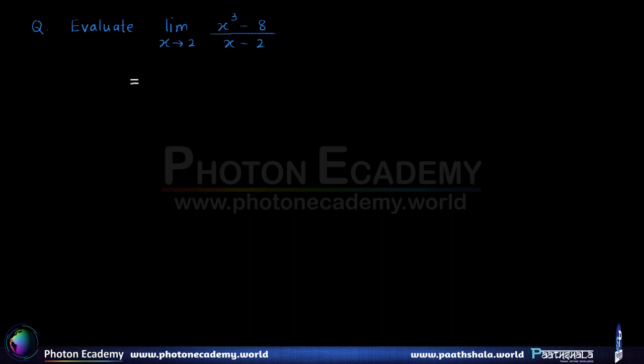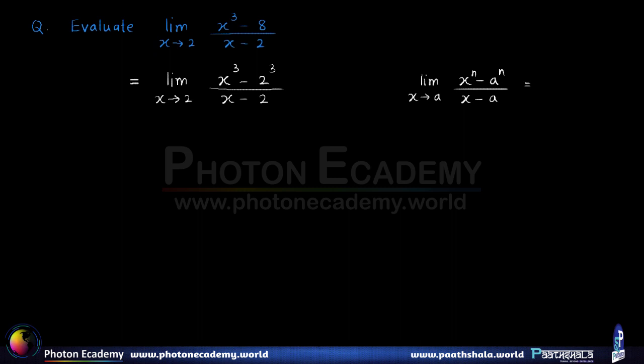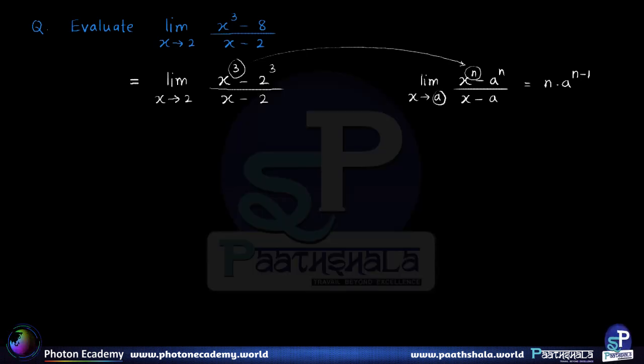Now if we observe carefully, we can write the numerator as x cube minus 2 cube upon x minus 2 as x tends to 2, and we have just seen the standard result that limit of x raised to n minus a raised to n upon x minus a as x tends to a is given by n into a raised to n minus 1. So if you compare, then n here is equal to 3, isn't it? Then a is nothing but 2.